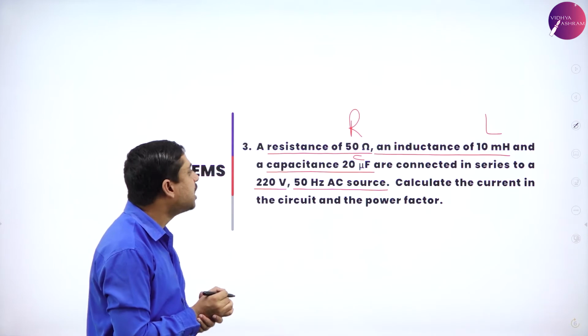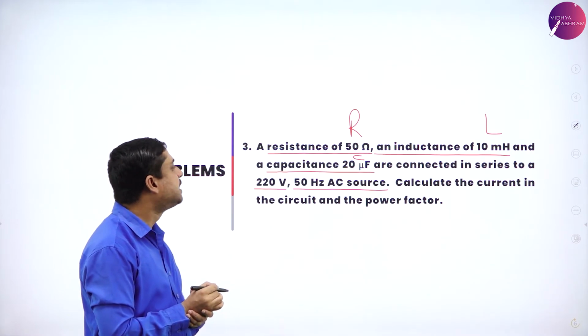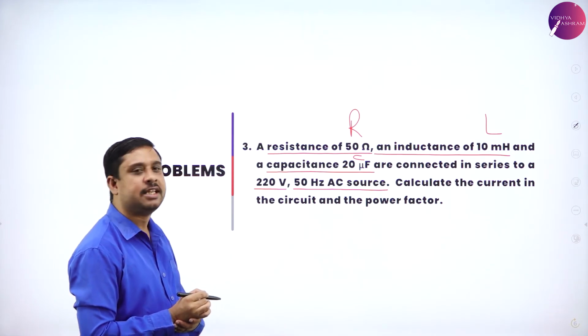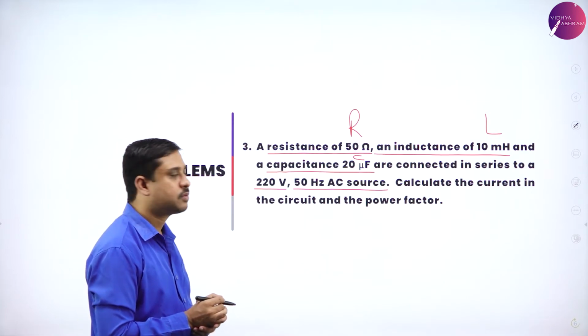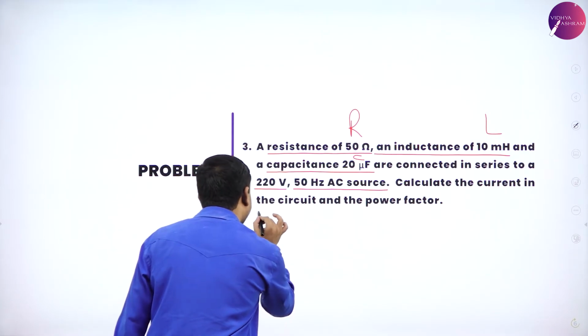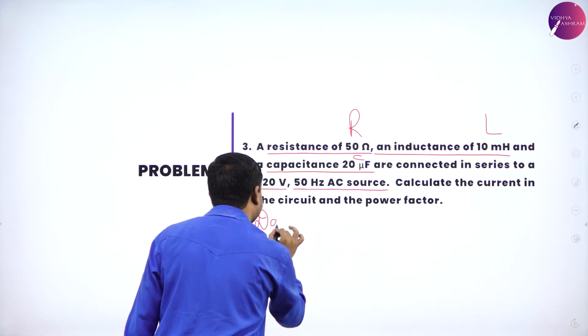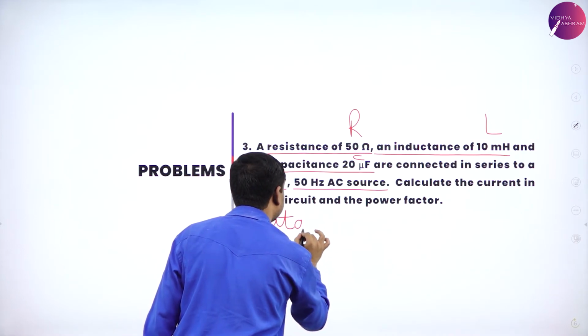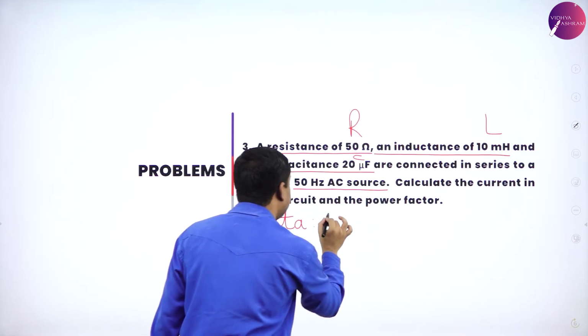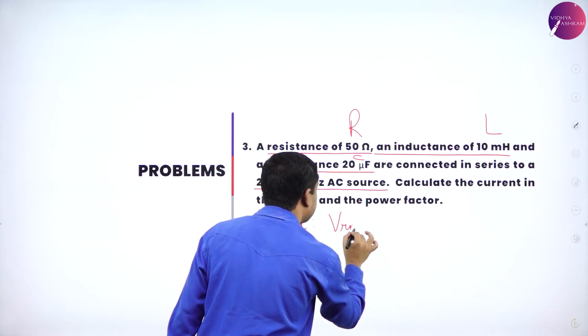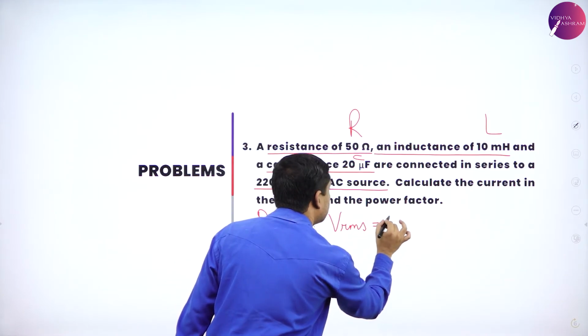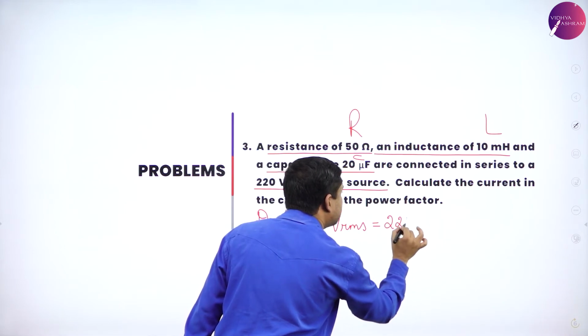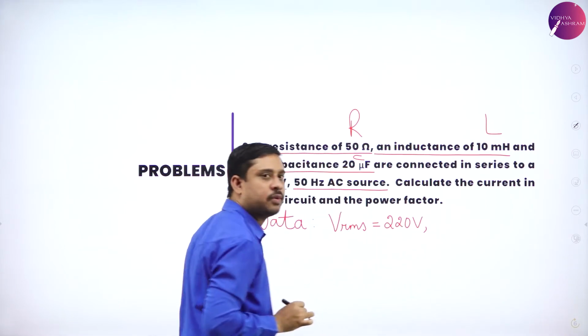I have to calculate current in the circuit and the power factor. So again, the data says VRMS is 220 volt.